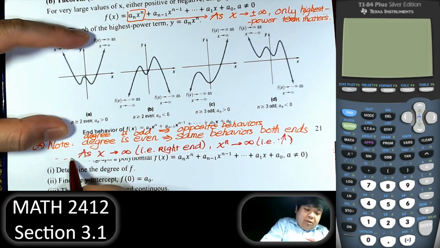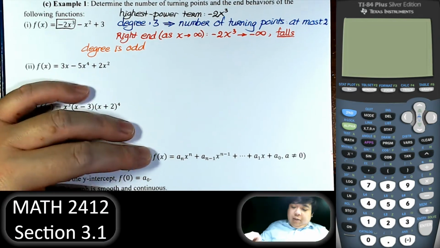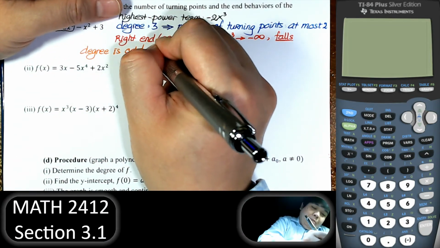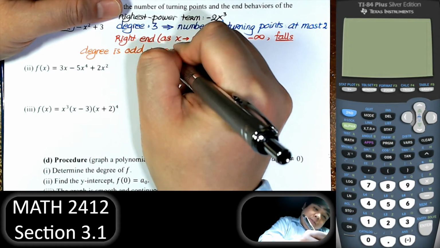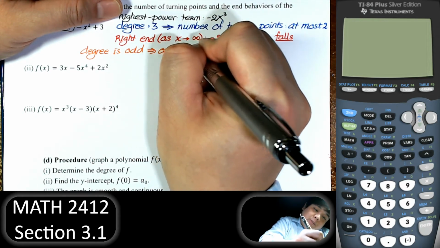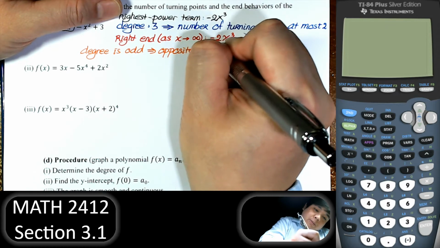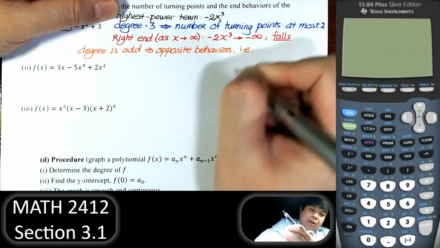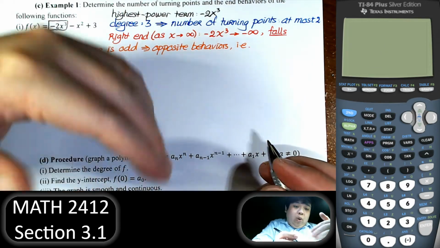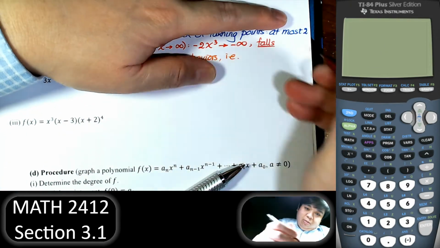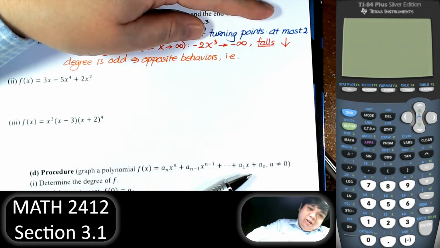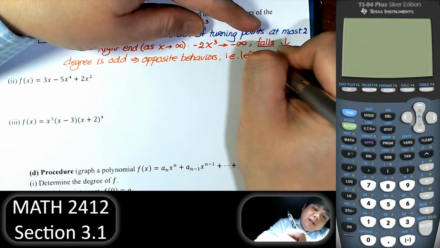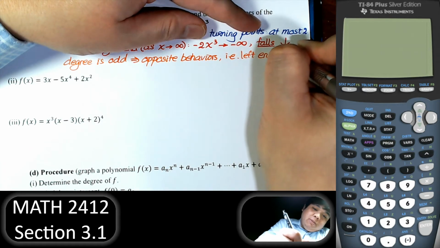And here's some example. Because degree is odd here, we have the opposite behavior. Meaning that if the right end go down, we just draw an arrow going down, that means the left end opposite to that will go up.